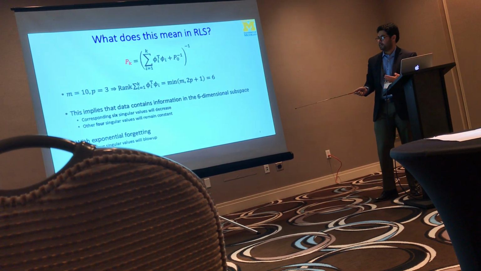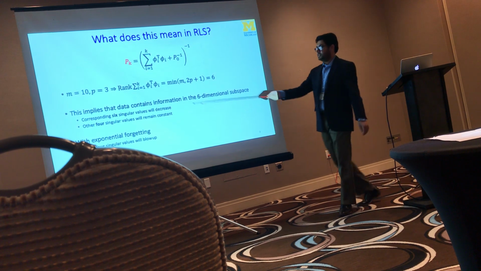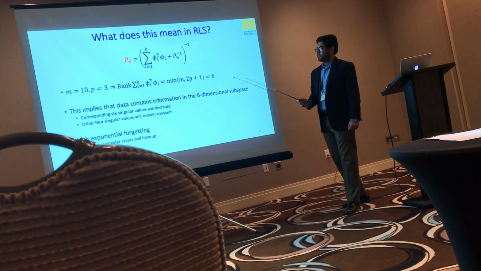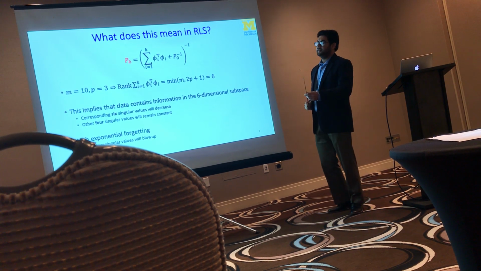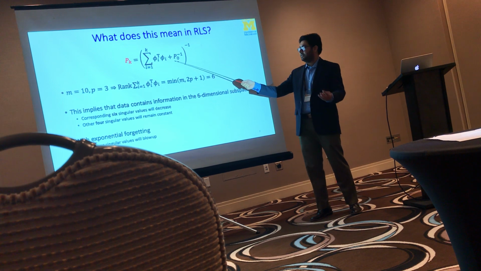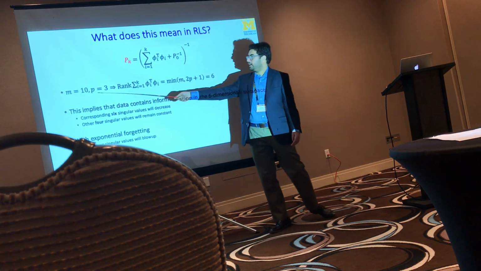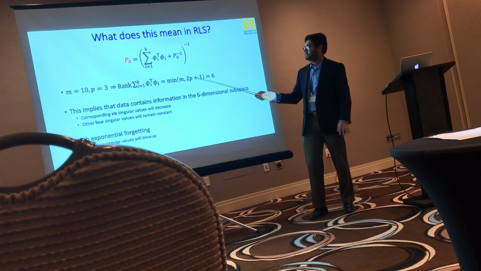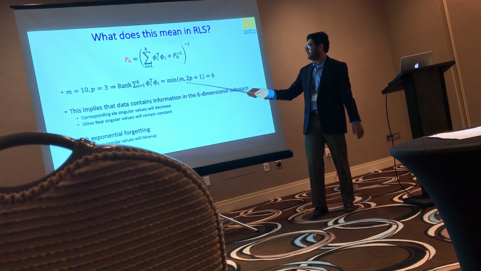So what does this mean in RLS? We see that that matrix actually shows up in the RLS derivation equations. So if my phi had those three frequencies, and I had m equals 10, then this rank will only be 6, let's say the non-zero constant was not there.